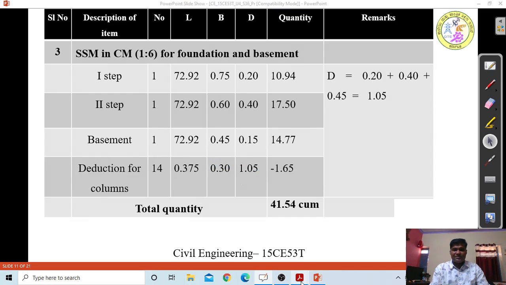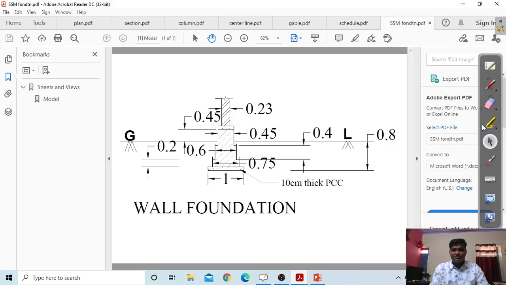So the second step is, this is the second step from here to here. So this portion is the second step of the masonry.